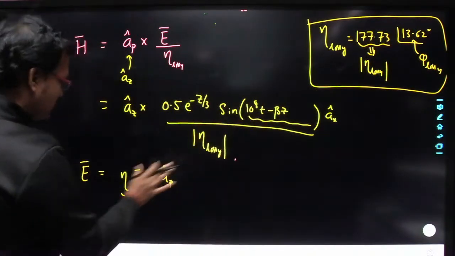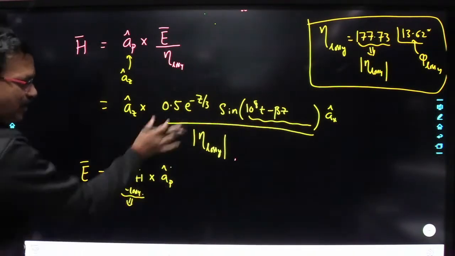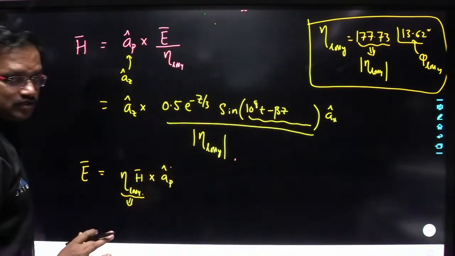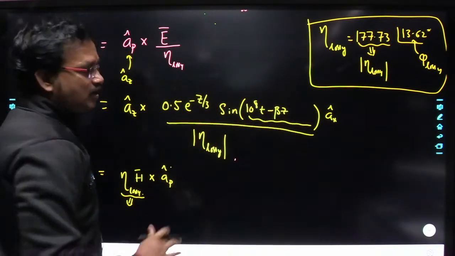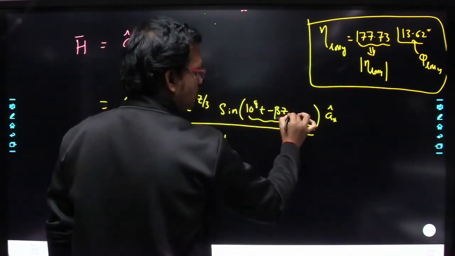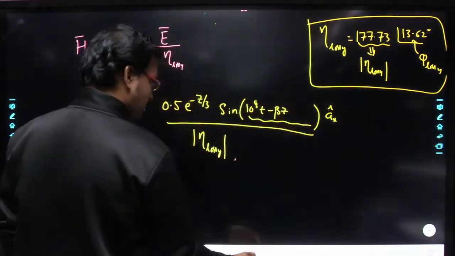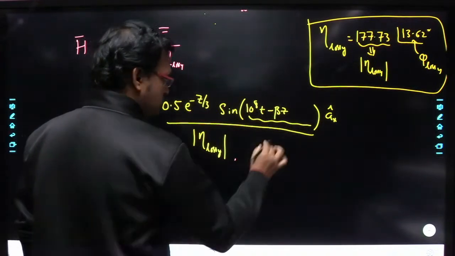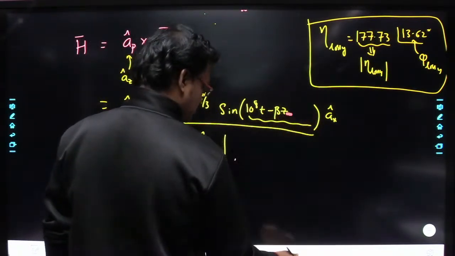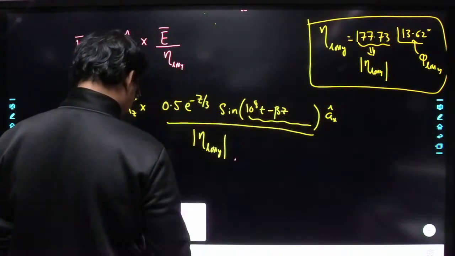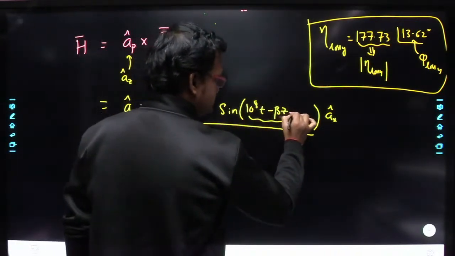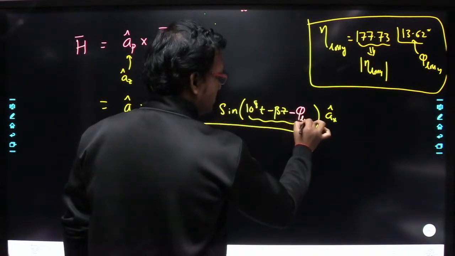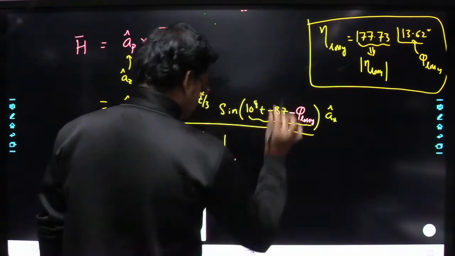Here it is multiplication, there it is division, so you simply subtract the phase shift. So you are going to get minus phi lossy.